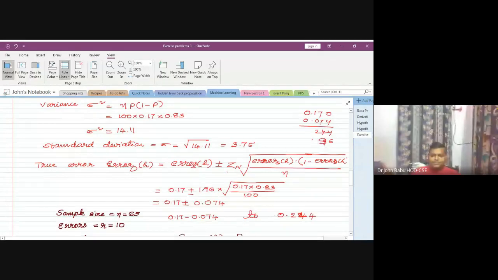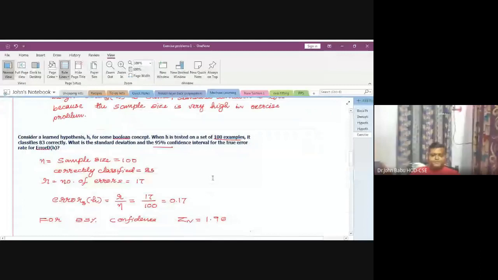So 0.096 to 0.244. This is the confidence interval or the estimation of true error.